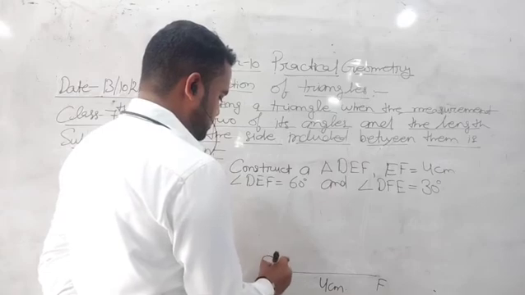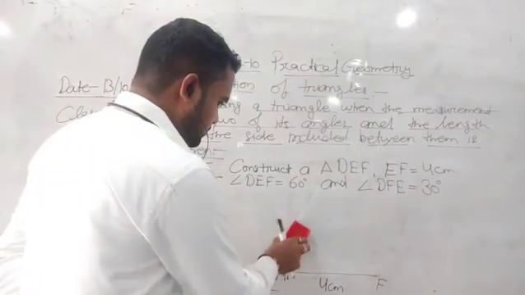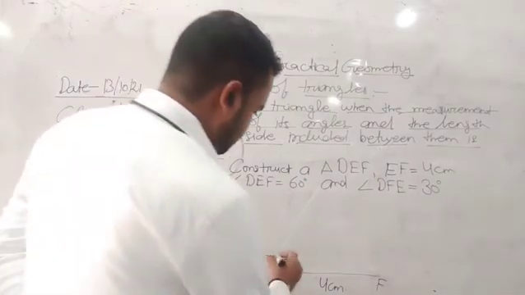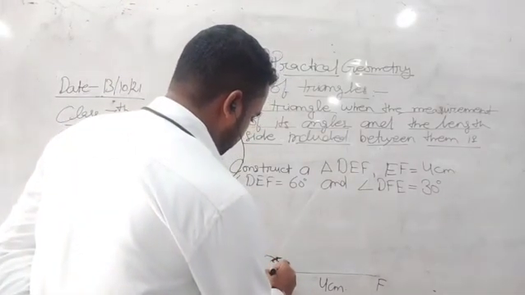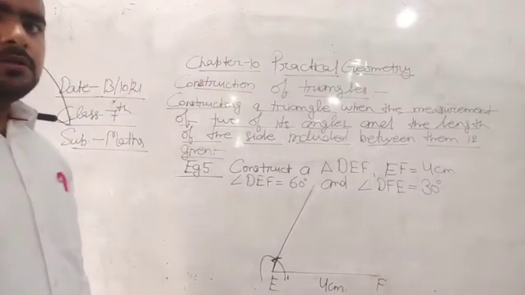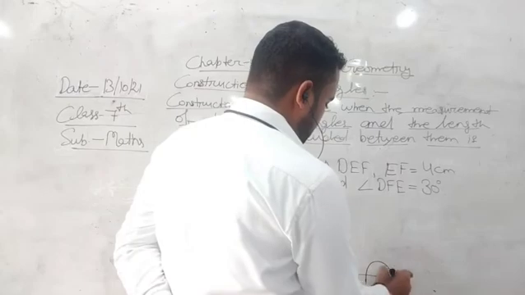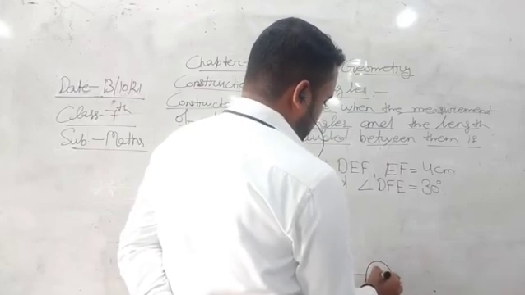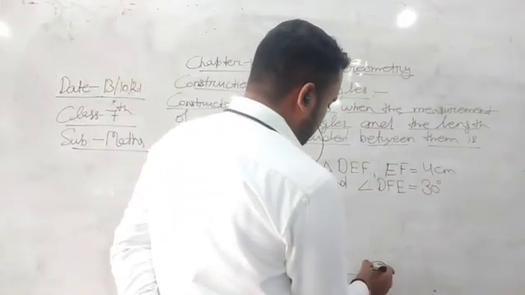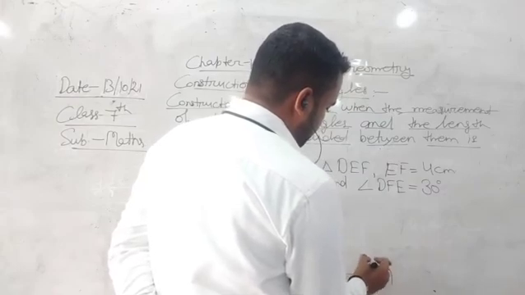Now join these 2 points. Now from point F you have to draw an angle of 30 degree. For that, draw an arc with center as F and put the needle of your compass here and with the same radius draw an arc here.